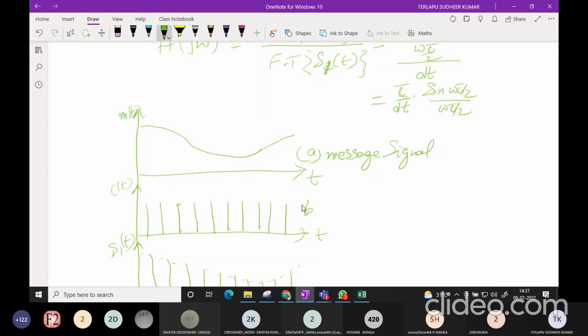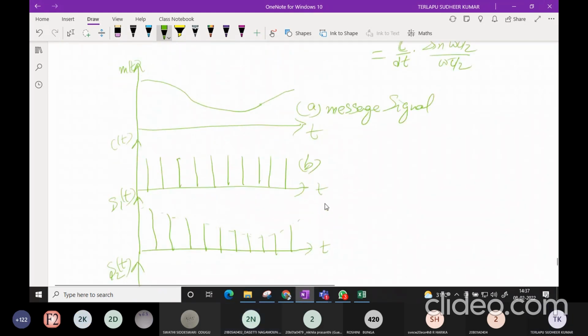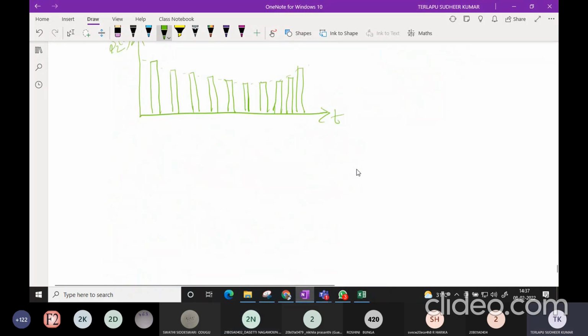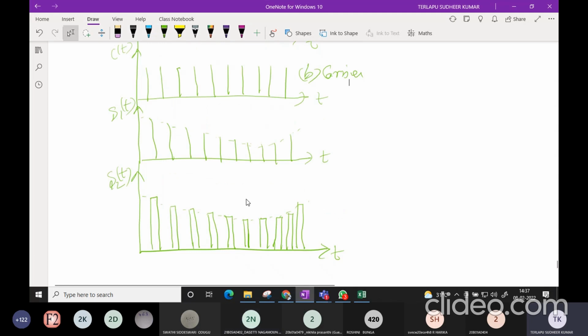S1 of t and S2 of t, the height is the same. But in a natural sampled PAM, the height of S2 of t will be something like this. It follows M of t.